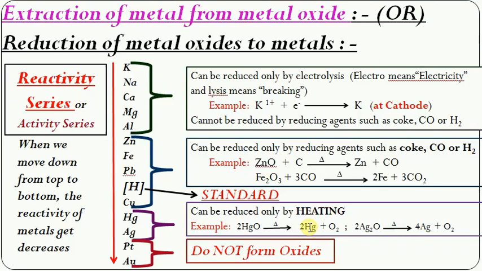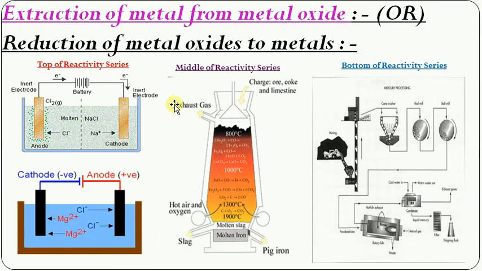So this reactivity series helps in predicting what procedure you want to choose to extract the metals from their metal oxide. You can see at the bottom of the reactivity series, that is nothing but mercury. Here mercury ore from mining is treated and powdered. After being converted to powder, it undergoes the roasting process.